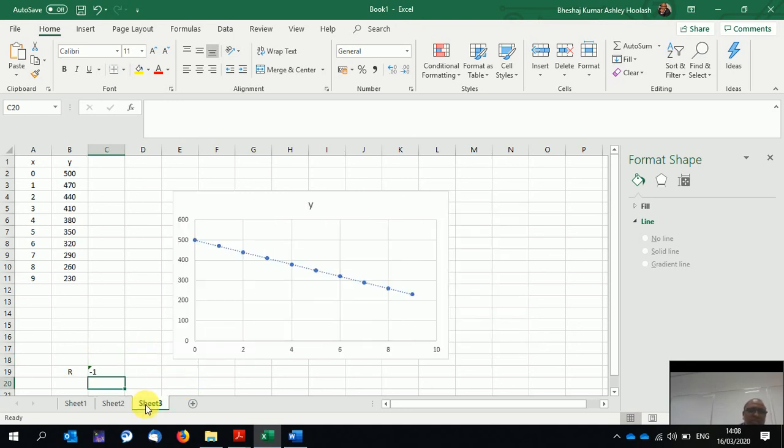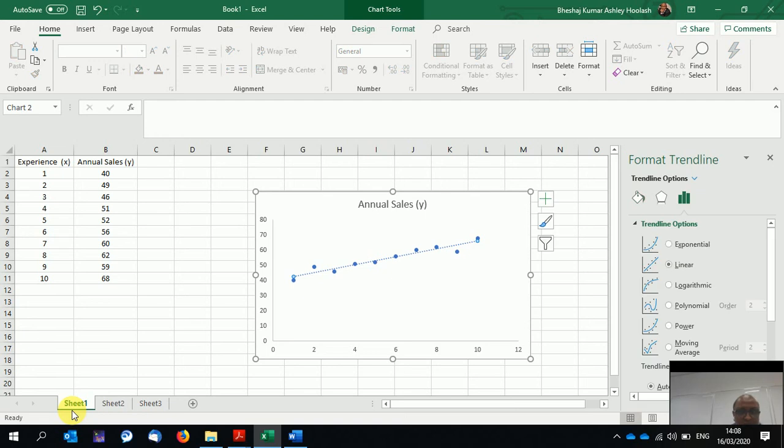Here it's minus 1, minus means going downward. Your value of r will always fluctuate between minus 1 and 1. And then this example where it should not be 1, clearly because the dots are very close to the line but not exactly on the line.